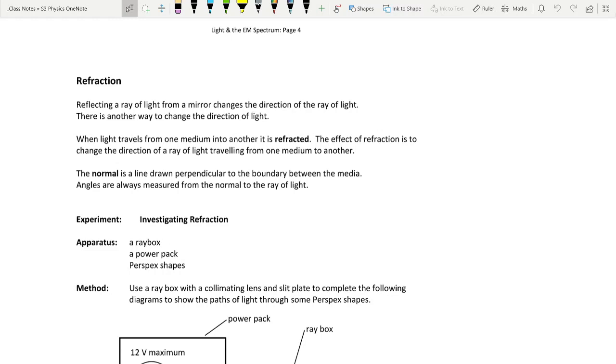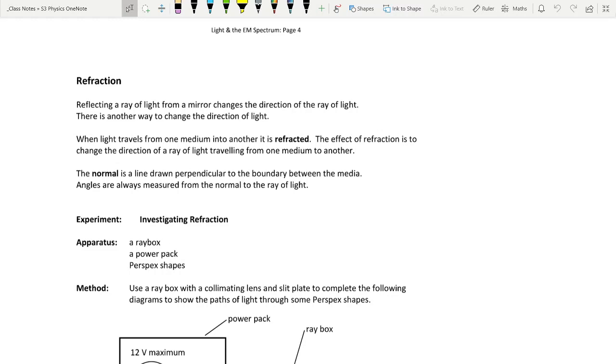The effect of refraction is to change the direction of a ray of light traveling from one medium to another. So if you shine light through air into a glass block, when it hits the glass block, it refracts, so it changes direction slightly.